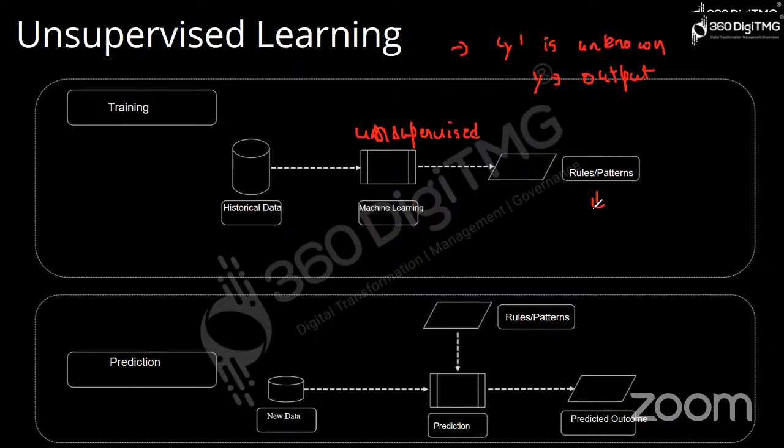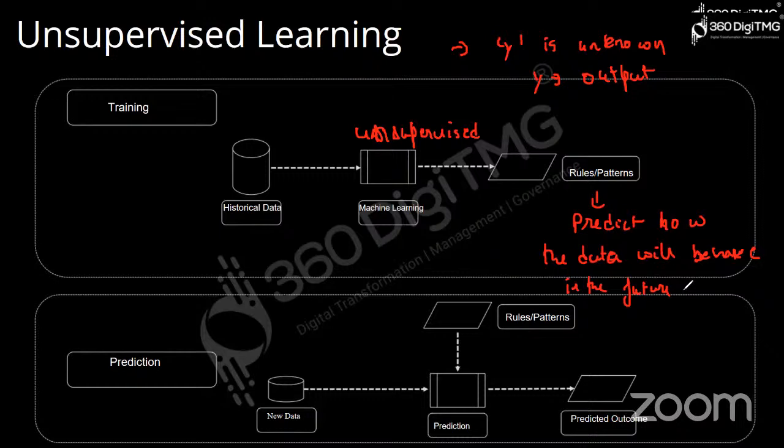These rules and patterns are going to predict how the data will behave in the future. So this will try to see how our data is going to work in the future. What sort of movements will it have based on the existing data?